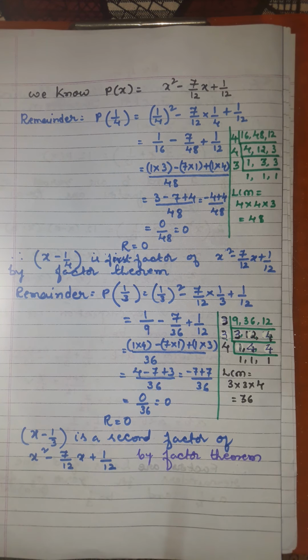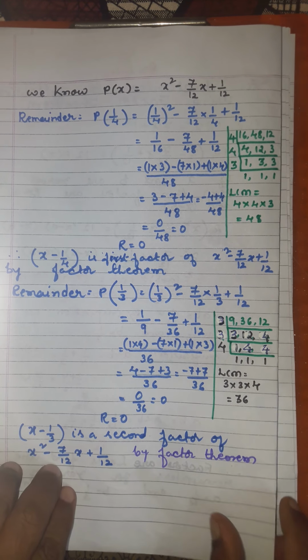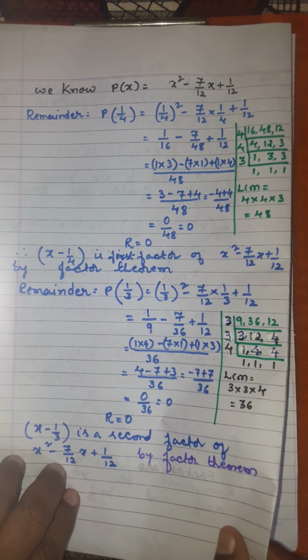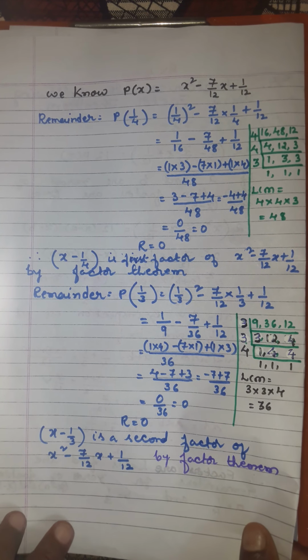But we are supposed to find the factors of the given expression, and this expression is obtained by taking 12 as the common factor. Now let us find the factors of the given expression. Now what we have to do?